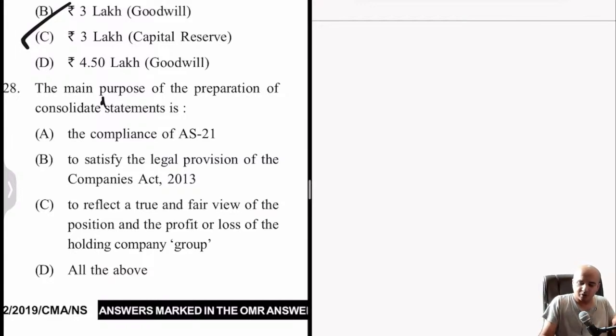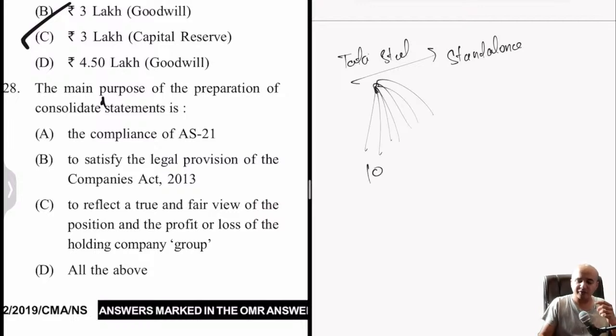Maybe, let's say Tata, for example, Tata Group. In case of Tata Group, let's assume Tata Steel for a second, because Tata Group has many companies. Now, Tata Steel will have its standalone balance sheet or standalone financial statements, and it will have, let's say, 10 different subsidiaries. Now, all of these put together, maybe they're incurring huge losses, whereas Tata Steel on its own probably is making decent profit.